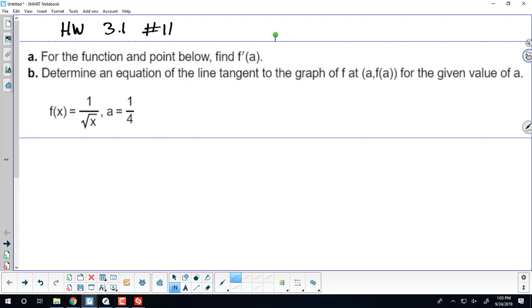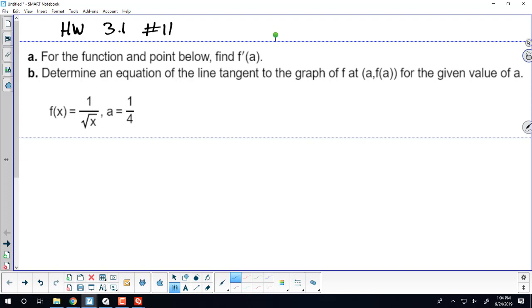So really the methods in 3.1 were using one of two formulas for finding the derivative at a point. And then what we saw in 3.2 was another formula that gave us the derivative function, which allowed us to find the slope of the tangent line at any point.